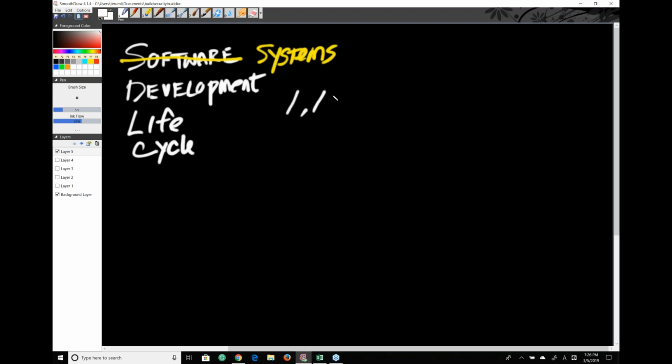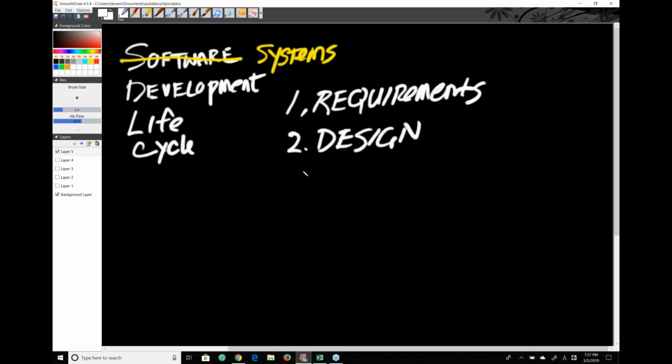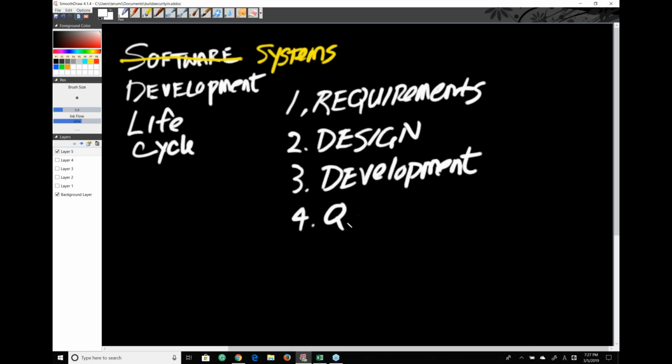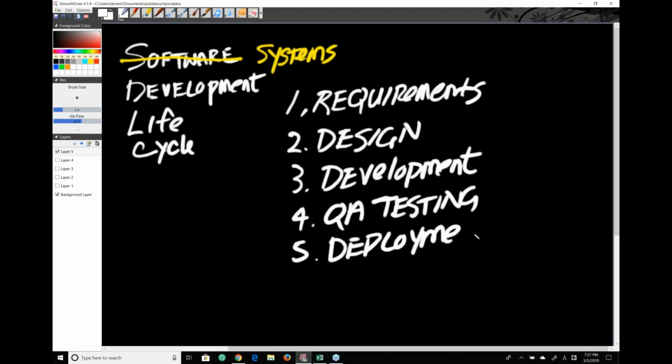1, requirements; 2, design; 3, development; 4, quality assurance testing; 5, deployment; 6, operation; and 7, finally, end of life.